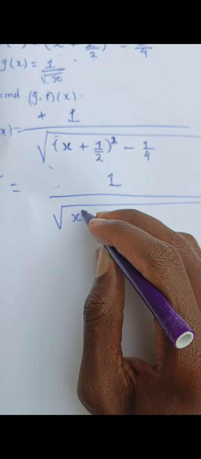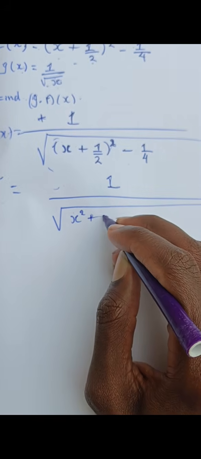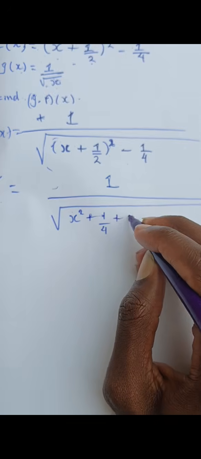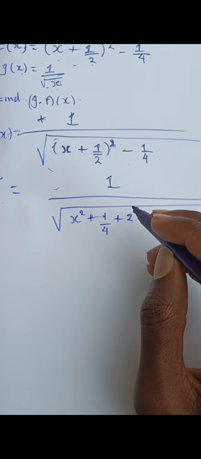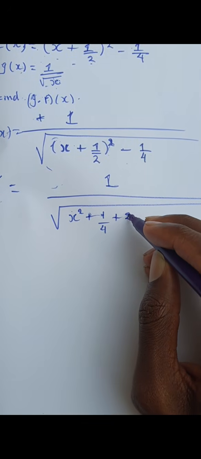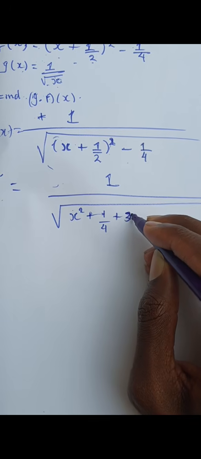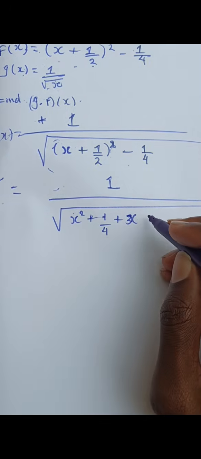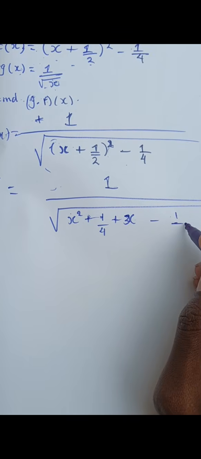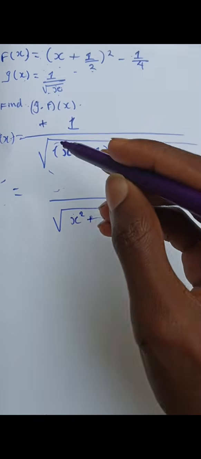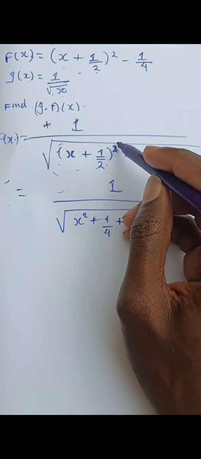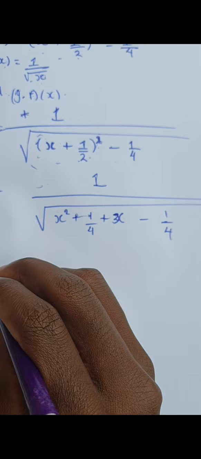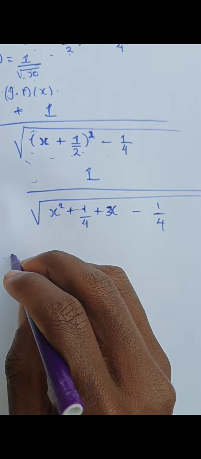That's going to be x power 2 plus 1 over 4 plus 2, no, it's just going to be plus x. Then minus 1 over 4. So use whichever method you use to simplify this. Me, I have a short method. I don't need to do much of the writing. I just solve it from my head.